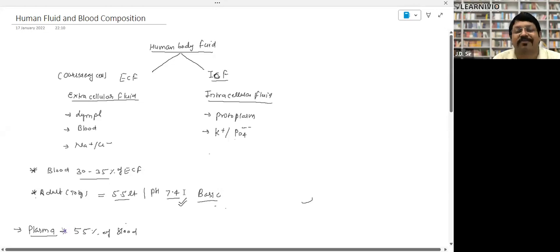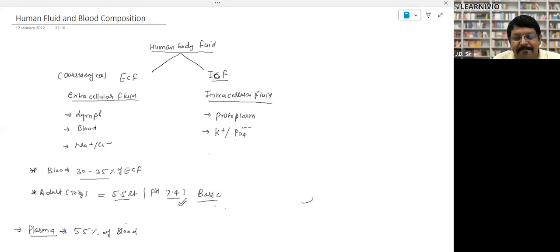Very good. So what is the difference? Tell me. Aisha? Or is there no difference? Please note it down. I discussed this when I was discussing the transportation of carbon dioxide.